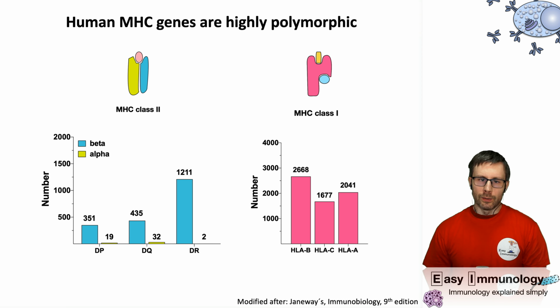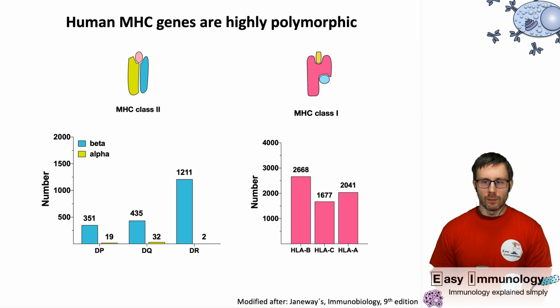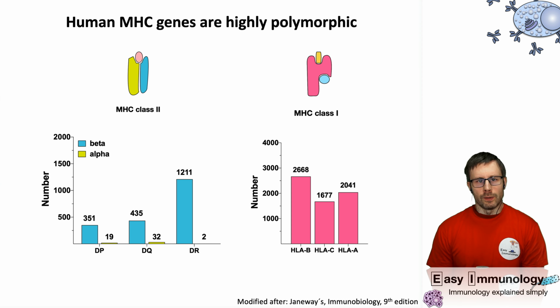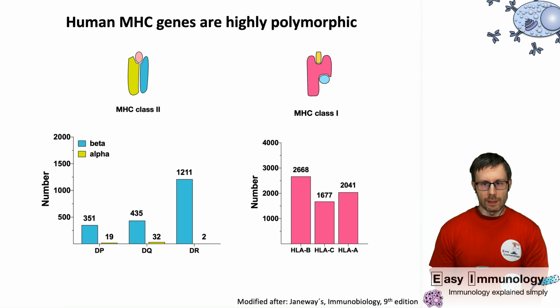And this allows the whole population of humans to present different peptides from different pathogens more or less efficiently and form immune responses against these pathogens more or less efficiently. So there are always persons in a population that can present, for example, influenza peptides very, very well and do not get sick, and other persons can, for example, present HIV molecules very efficiently and do not get sick from HIV.